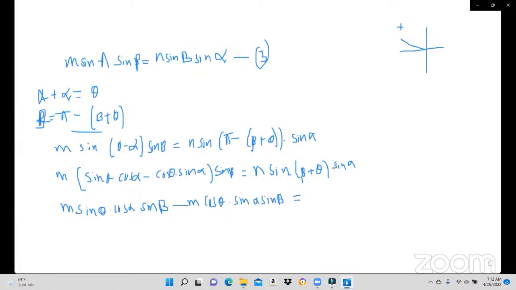Here also we'll simplify the same way, the beta plus theta equation. n sine, we'll put here sine beta plus theta, which means sine beta cos theta plus cos beta sine theta, into sine alpha.